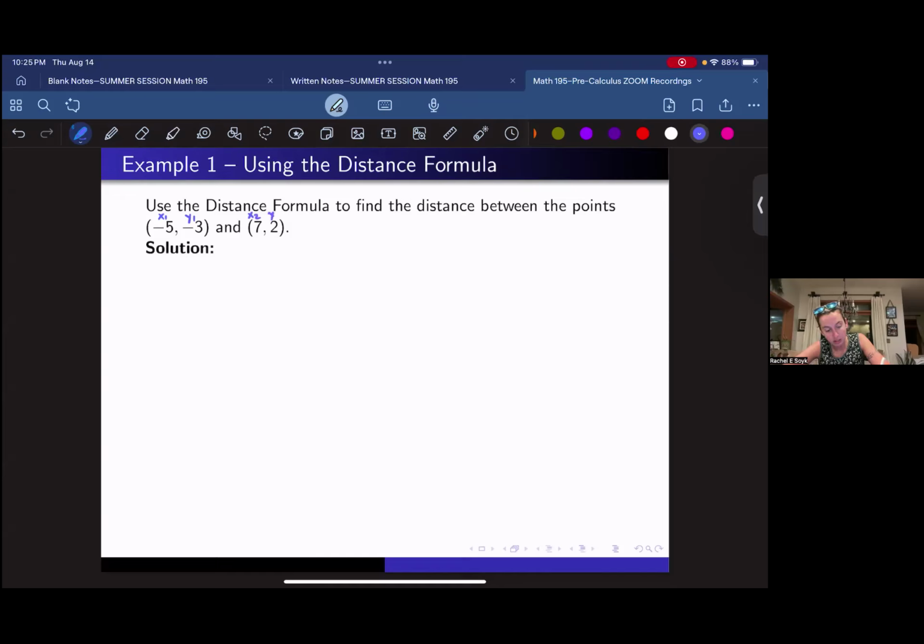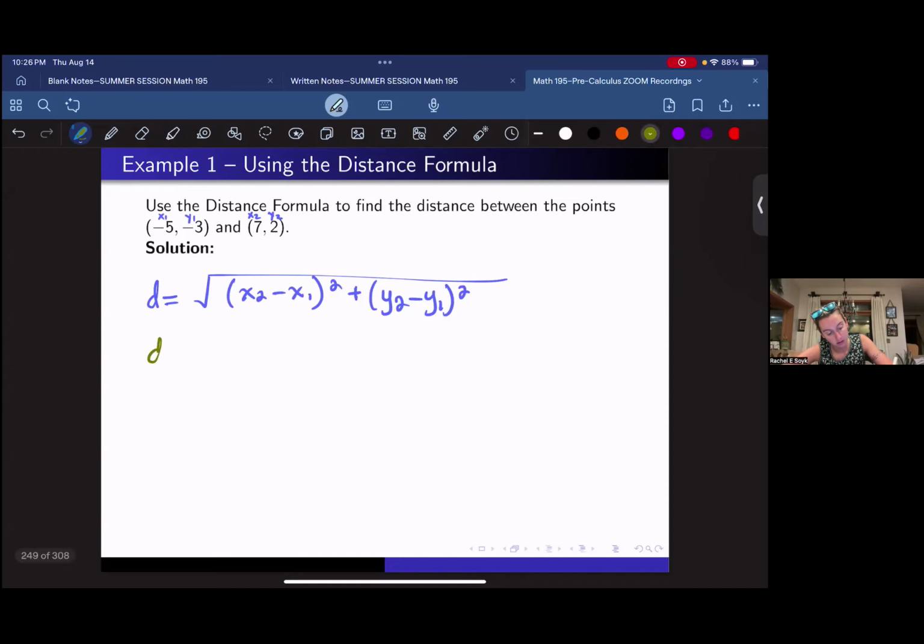And 2 is our second y coordinate point. So we get our distance formula. I'll write out the general x2 minus x1 in parentheses squared plus y2 minus y1 in parentheses squared. And now we're just going to substitute in our values.